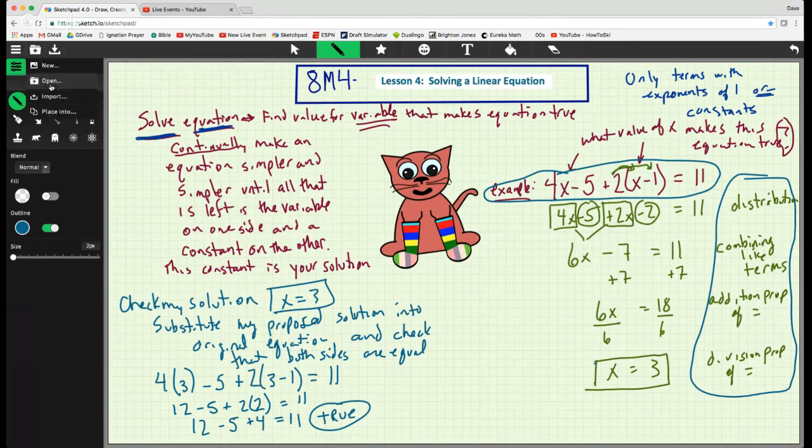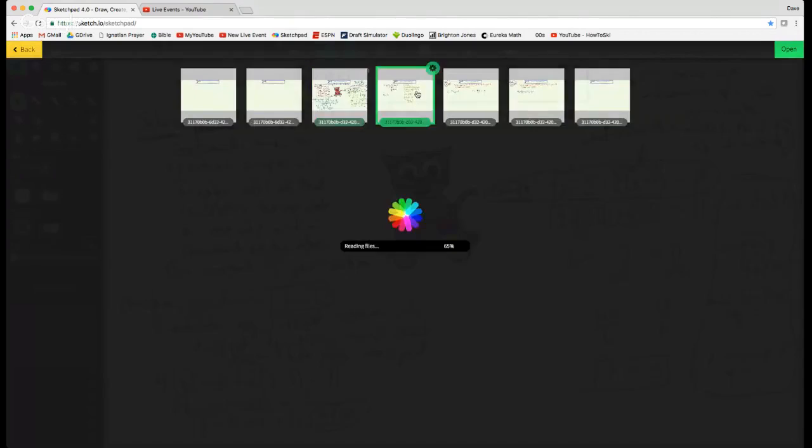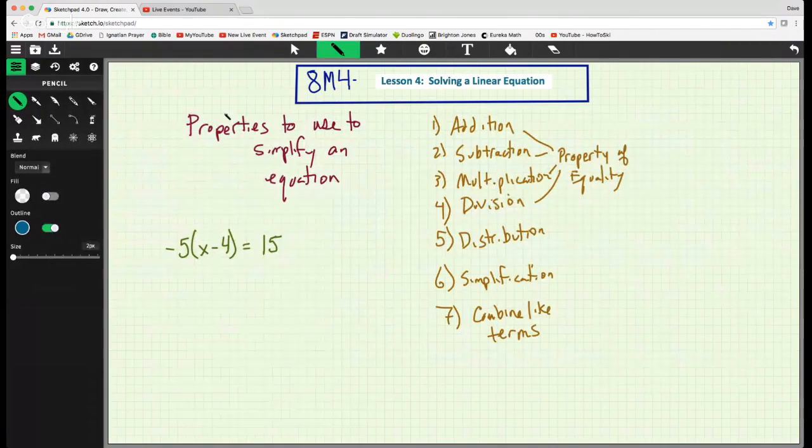Okay, next step, next slide. Now what I want to do is remind you of the properties we can use to simplify an equation. Those are the addition property of equality, the subtraction property of equality, the multiplication property of equality, and the division property of equality, plus distribution, simplification, and combining like terms.